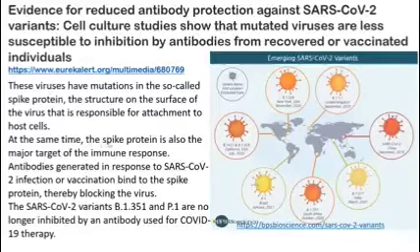At the same time, the spike protein is also the major target of the immune response. Antibodies generated in response to SARS-CoV-2 infection or vaccination bind to the spike protein, thereby blocking the virus. The SARS-CoV-2 variants are no longer inhibited by an antibody used for COVID-19 therapy.